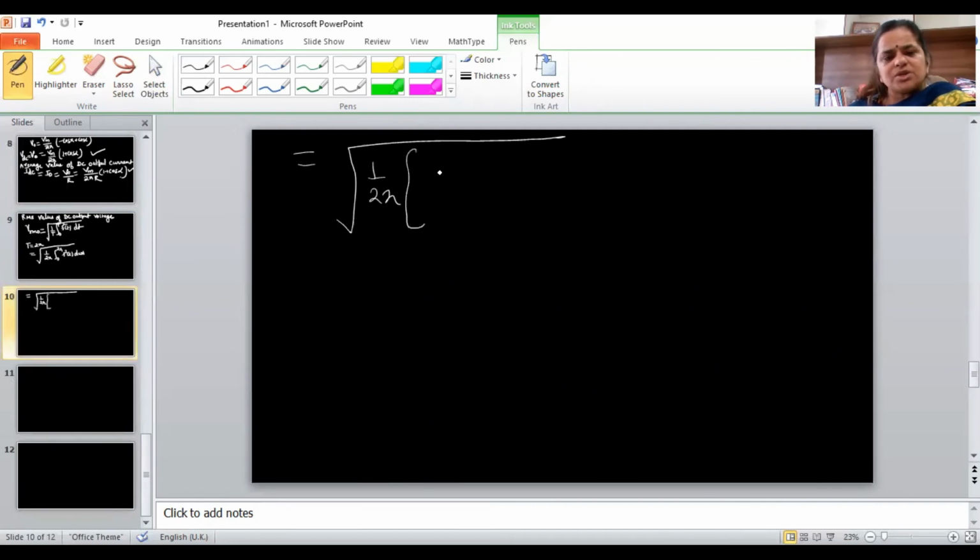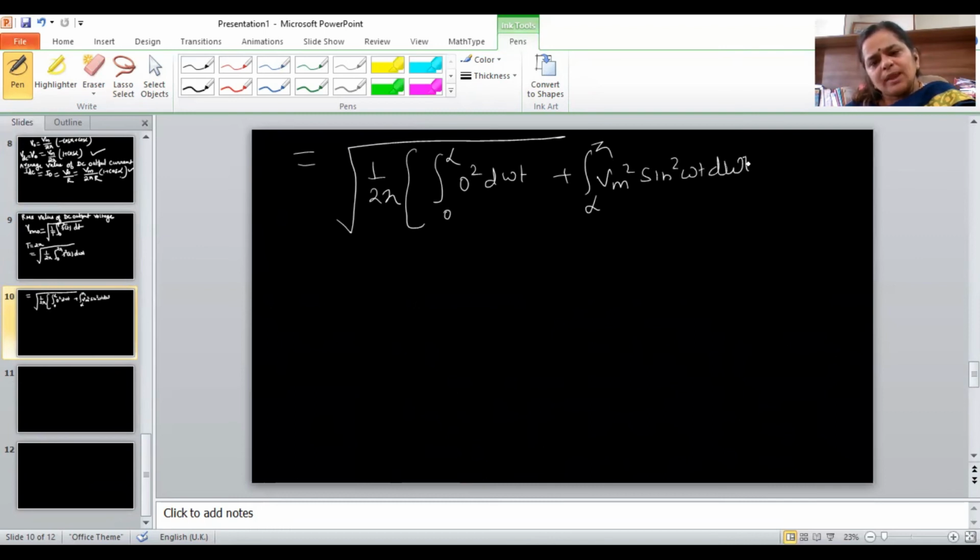Now break the integration limit. 0 to alpha, 0 square d omega t. Alpha to pi, Vm square sin square omega t d omega t, and plus pi to 2 pi, function value again 0 d omega t, and the under root of this.